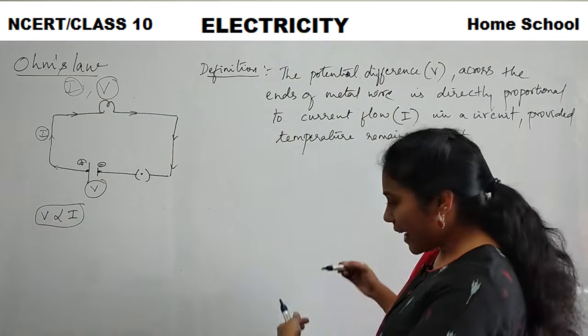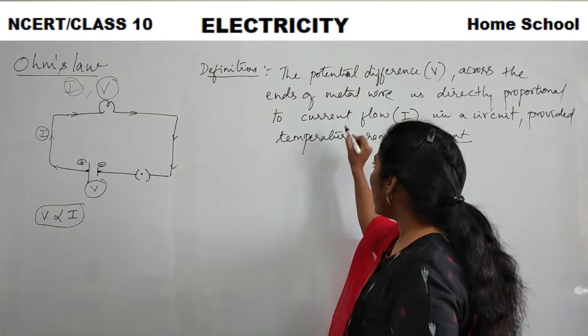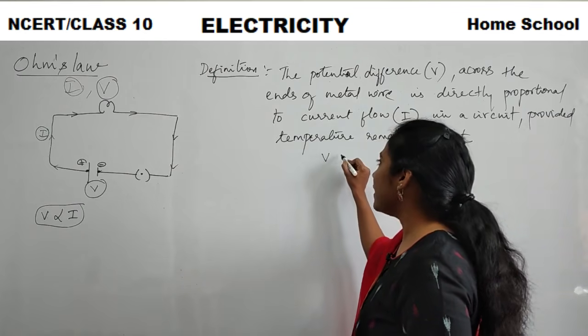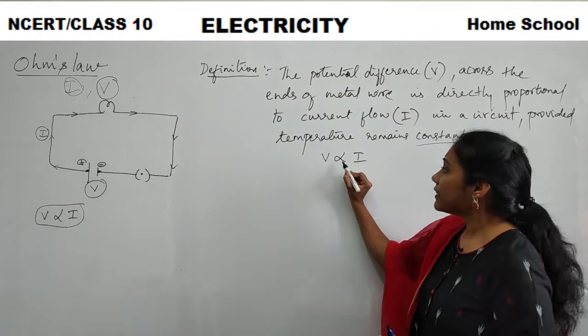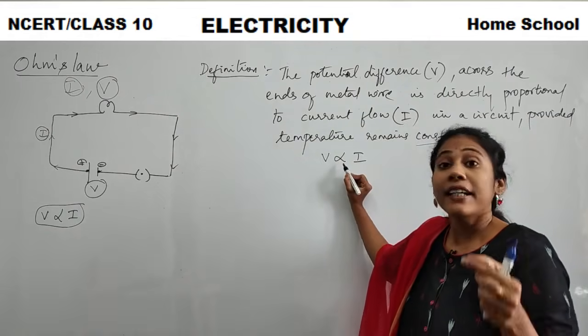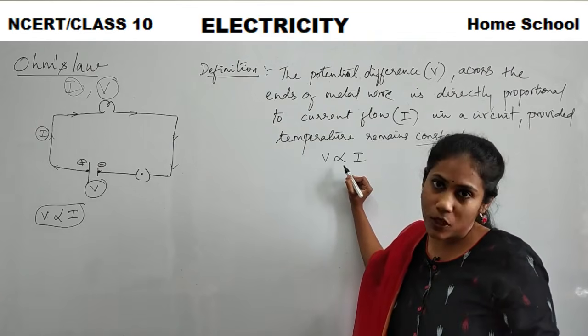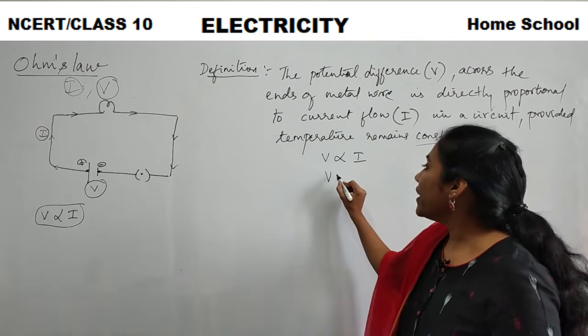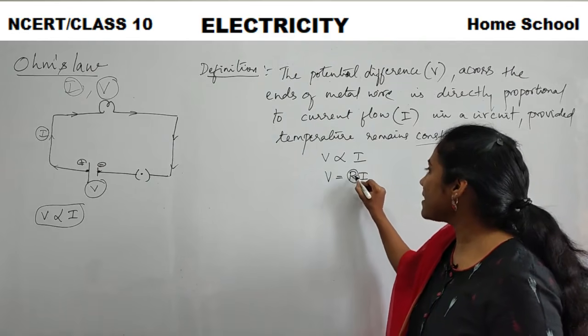So now let us derive a mathematical formula for Ohm's law. According to our definition, we can clearly say that V is directly proportional to I. Now this is a proportionality symbol. If I have to remove the proportionality symbol, I should introduce some constant here. So V is equal to R into I. What is this R?